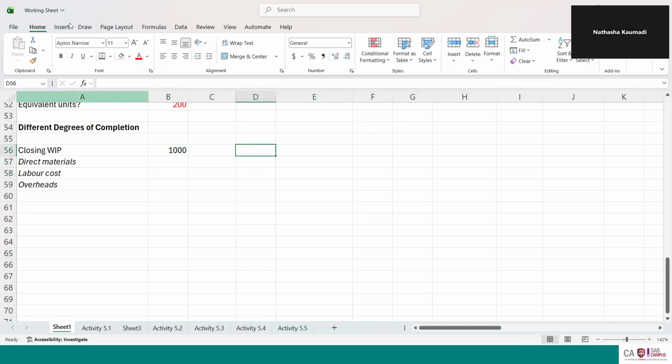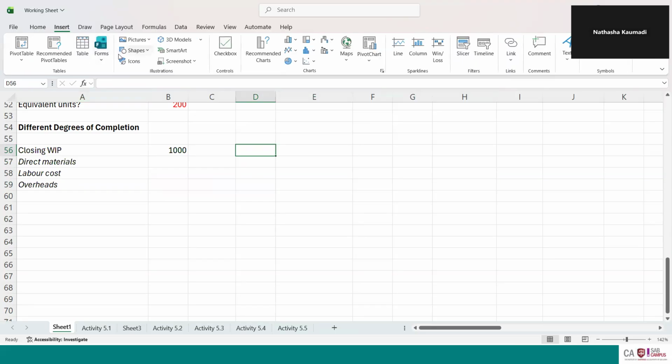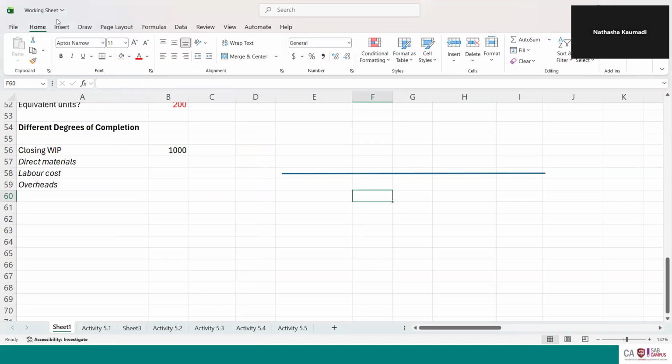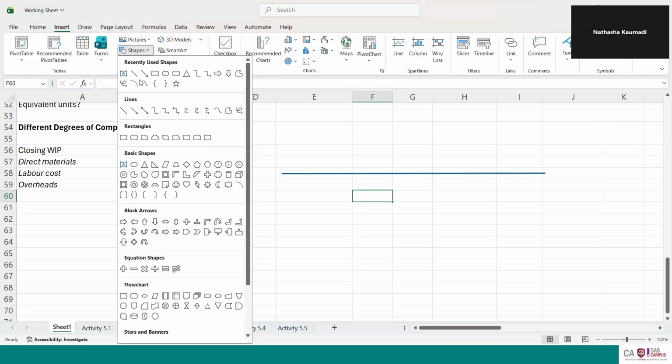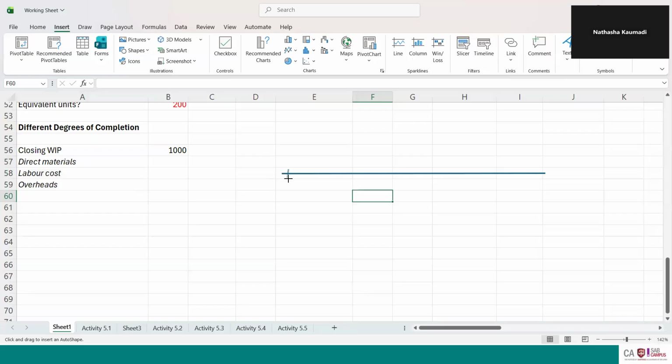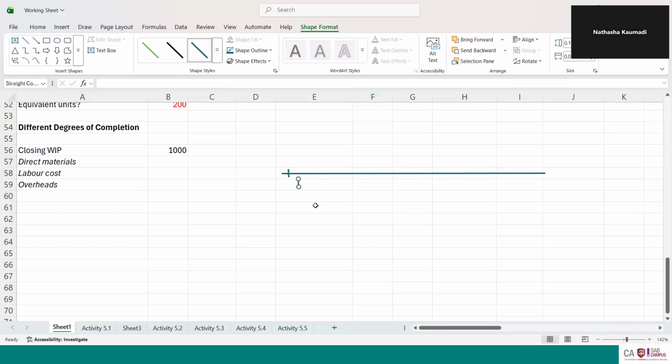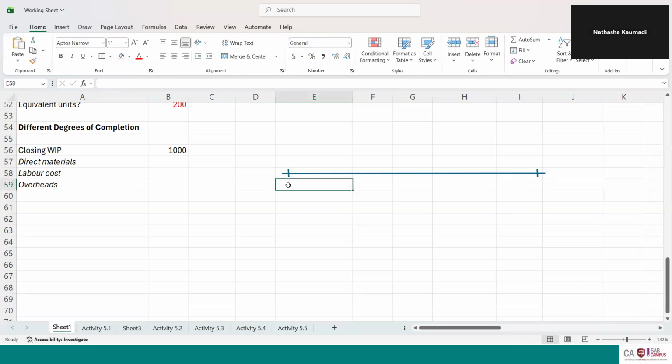If I quickly draw a timeline like this, this is the beginning, this is the end. Beginning means what is the completion? 0%. Here, 100%. Fully completion, right?